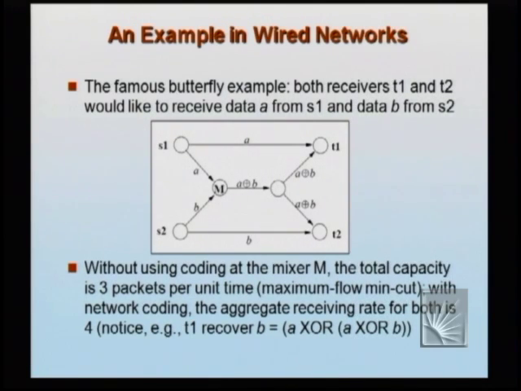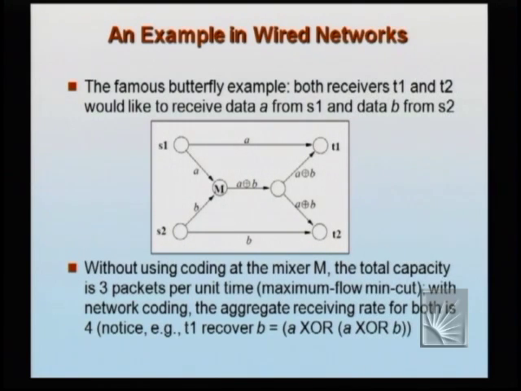Now this node can receive both A and B, and it can forward A or B, but not A and B at the same time. So this link will be time shared between two flows, time shared by the two receivers. We can first send A, then send B, then first send B, then send A. So it takes 2 units of time to send 2 packets.